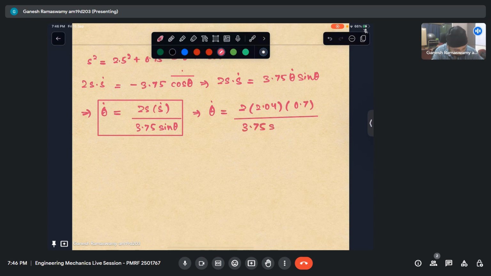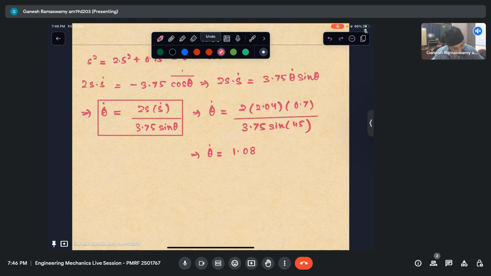So this gives me theta dot as 1.08 radians per second.